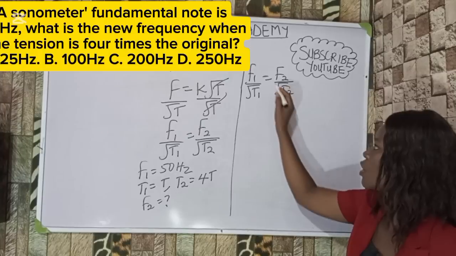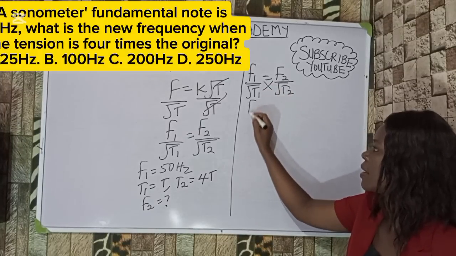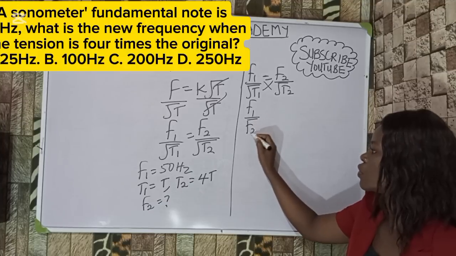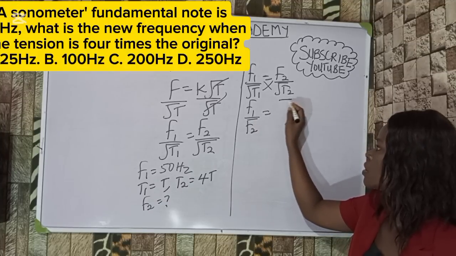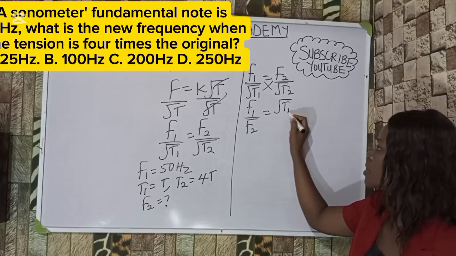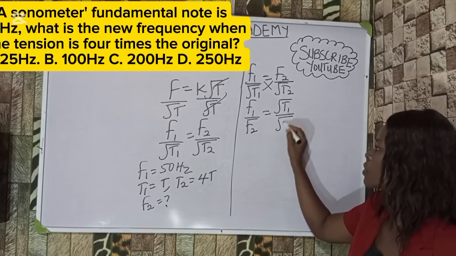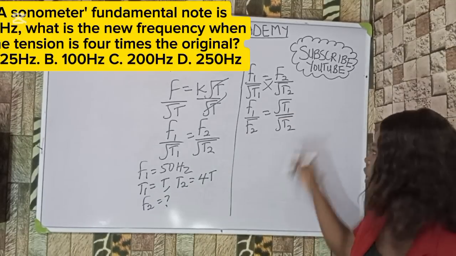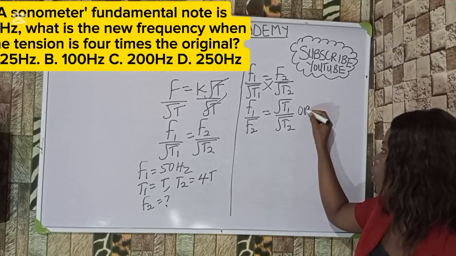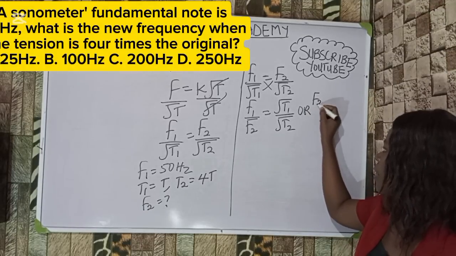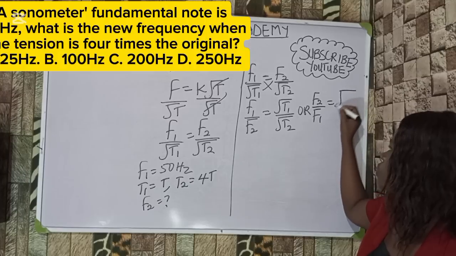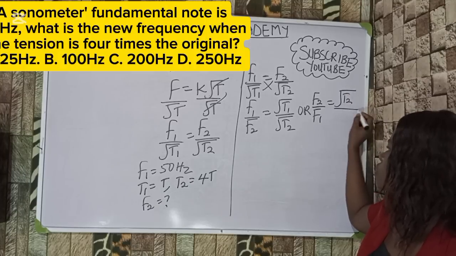Cross multiplying, F1 over F2 is equal to root of T1 over root of T2. We can still interchange it by saying F2 over F1 is equal to root of T2 over root of T1.